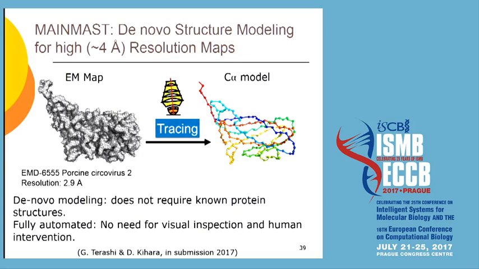Now we have EM maps at around 4 angstrom, and the goal is not structure fitting of known structures, but tracing the dense regions of the EM map to generate the main chain structure of the protein.